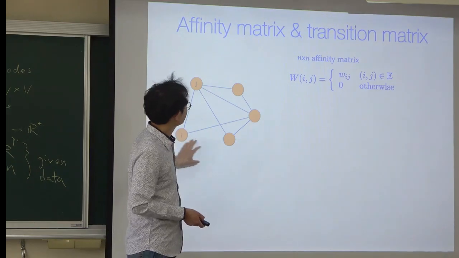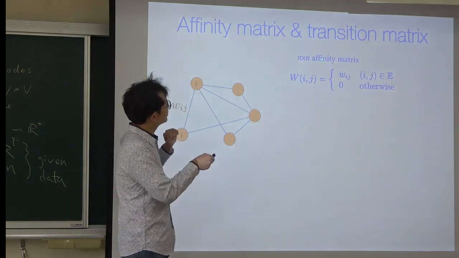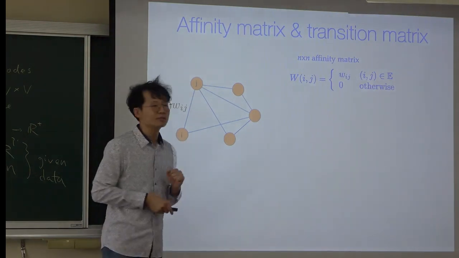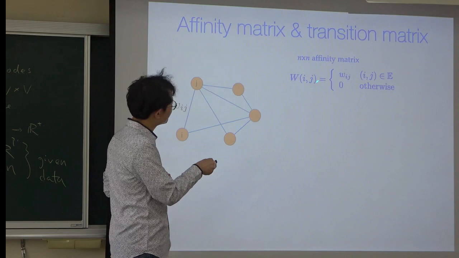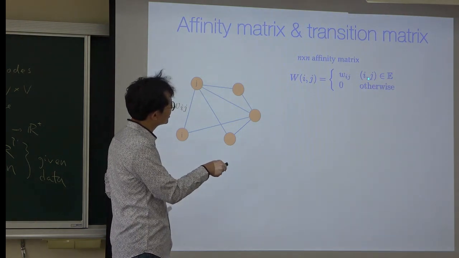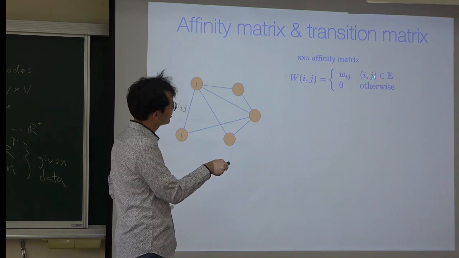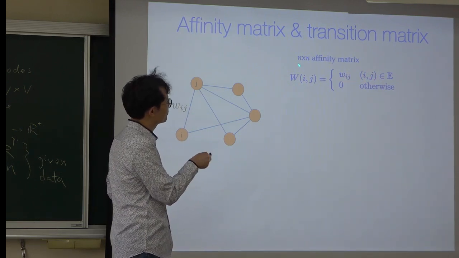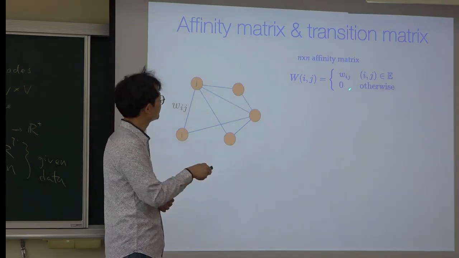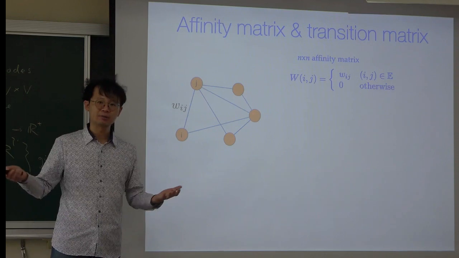Suppose you have an affinity graph with n vertices. Then we just build up an n by n affinity matrix called W. And in this affinity matrix W, if there is an edge in between i and j, then we just put Wij in the ij-th entry of the W matrix. Otherwise, we put 0. So that is the affinity matrix. Very simple by construction.